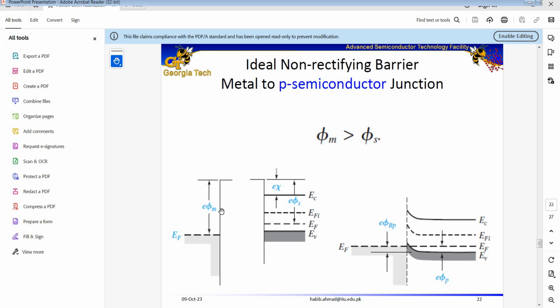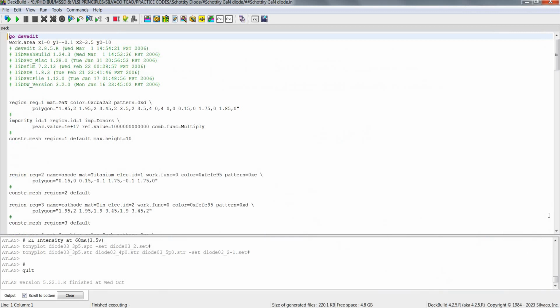So I'm going to assume a work function of 6 electron volts for metal, which is less than the semiconductor work function for p-type gallium nitride, because the Fermi energy level would be close to the valence band and the semiconductor work function would be around 7.5 electron volts. So let us make the corresponding changes inside our code. Now in this case, instead of donors, we want to introduce acceptors.